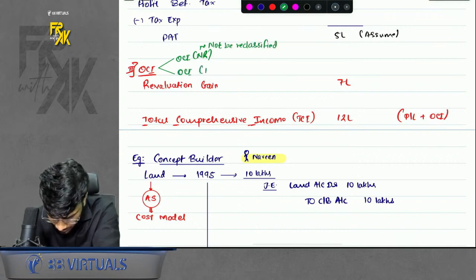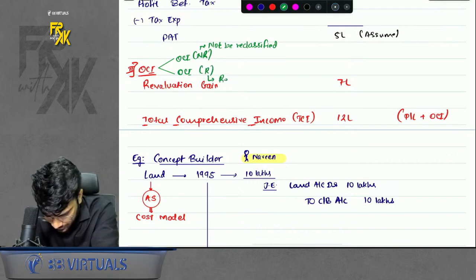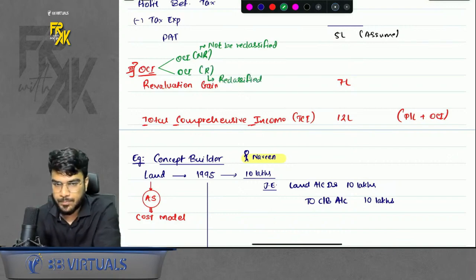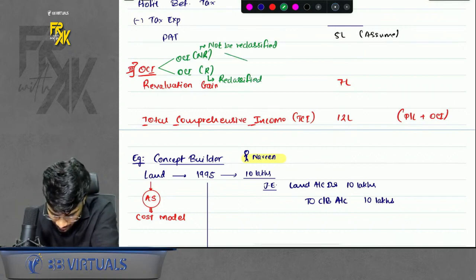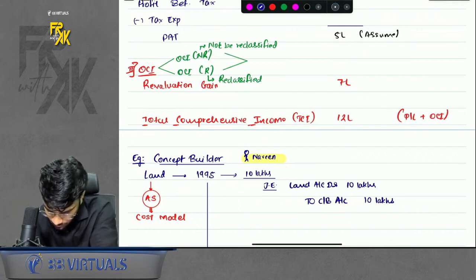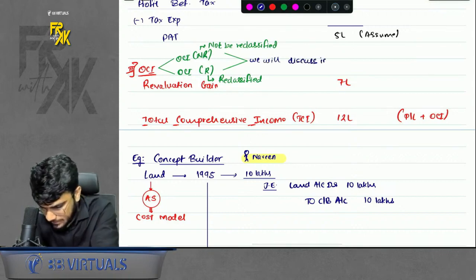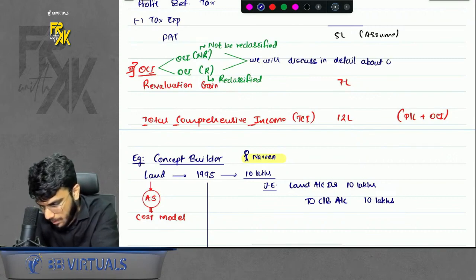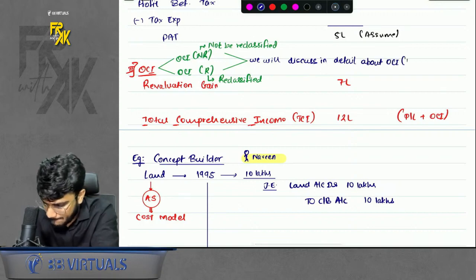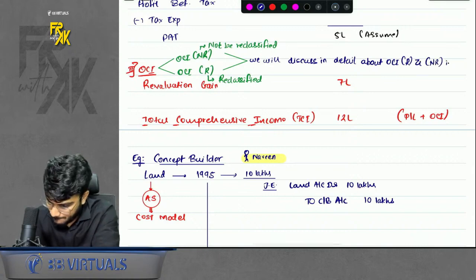And one is OCI R. R means reclassified. Reclassified where and what, we don't know. So just write what R and NR are. We will discuss in detail about OCI, R and NR in IND AS 16.